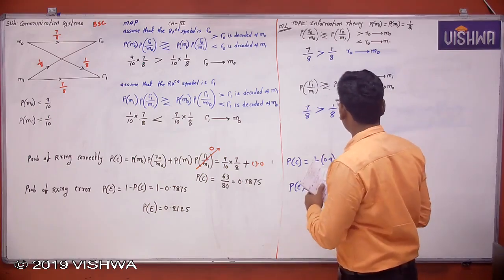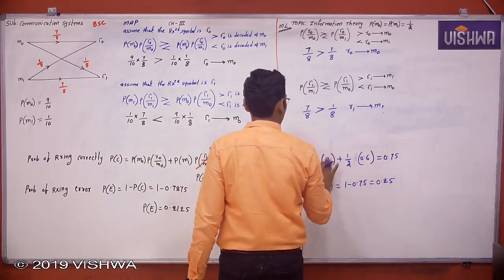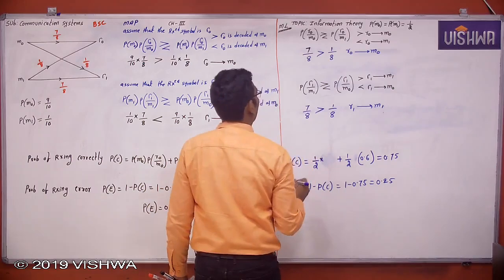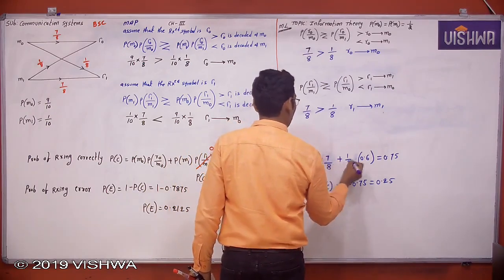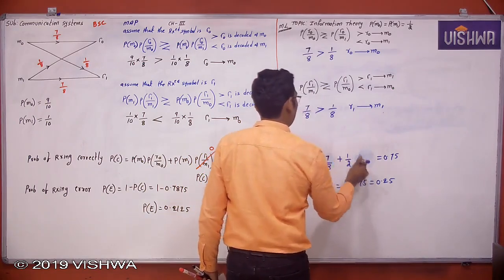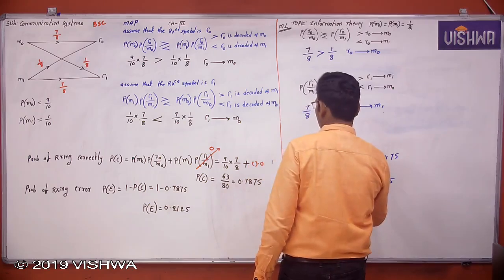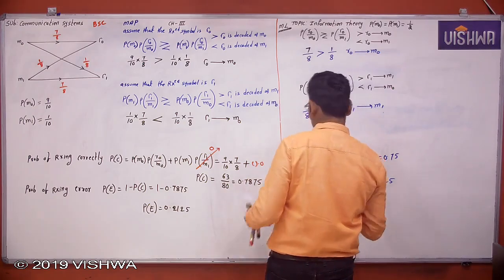So the probability of receiving correctly is 1 by 2 into 7 by 8, plus 1 by 2 into 7 by 8 again.